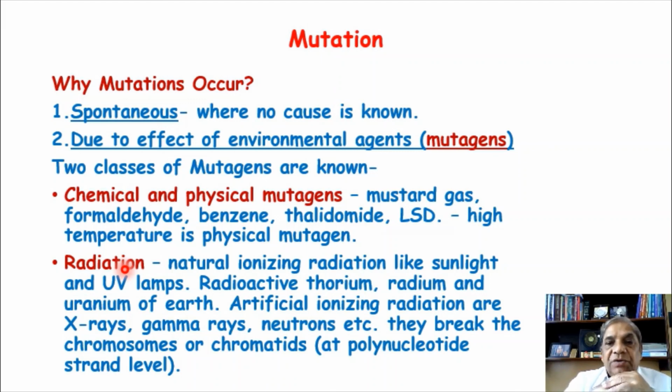Radioactive thorium may also cause ionizing radiation. Radium, which is very well known, and uranium, which are present in the earth, are sources of this ionizing radiation, and thus they are known to cause point mutation in the genes. Then there are artificial ionizing radiations, man-made, not natural.